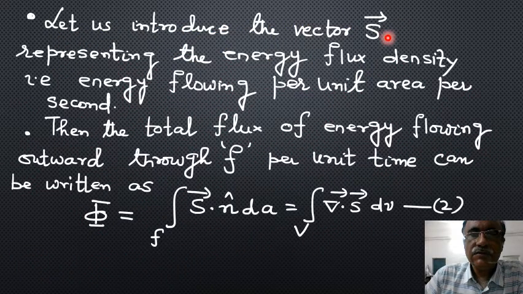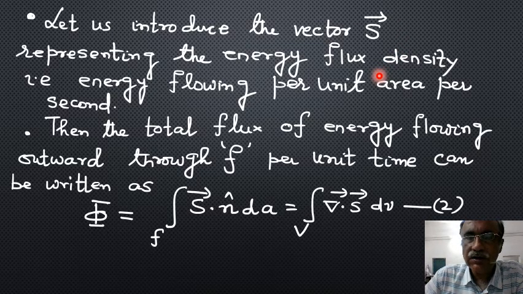Now let us introduce the vector S representing the energy flux density, that is the total amount of energy which is flowing per unit area per second. So energy flux density S is a very important vector. We should be able to distinguish it from the power radiated per unit area. The power radiated per unit area and the vector S, which we will later call the Poynting's vector, are different quantities.